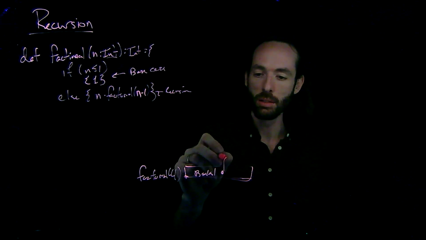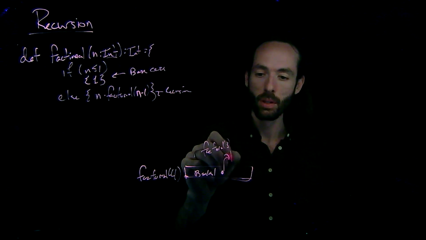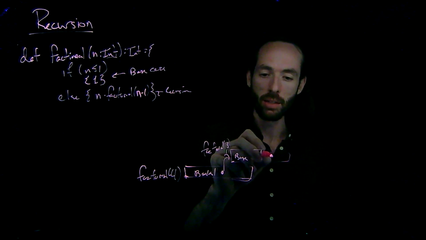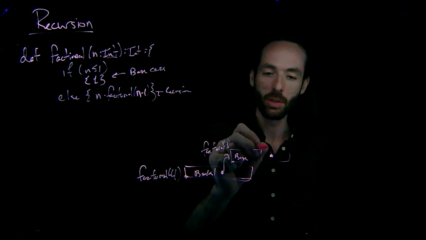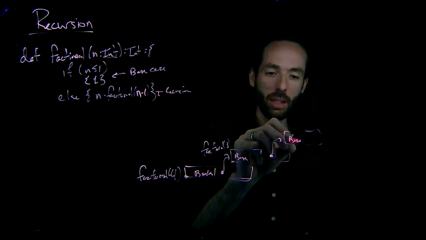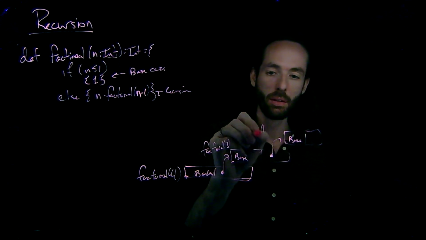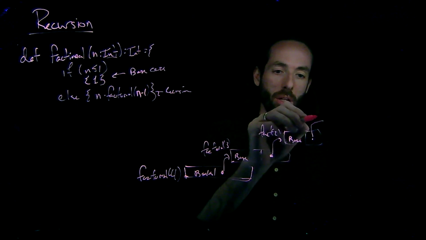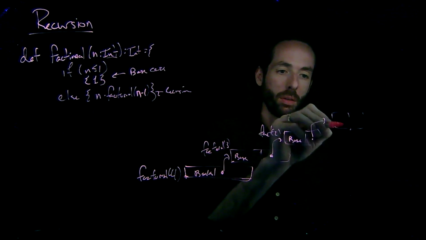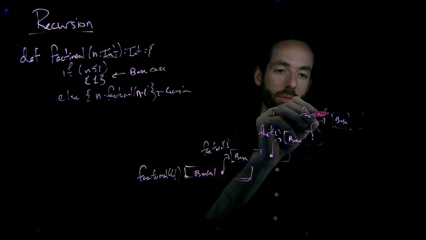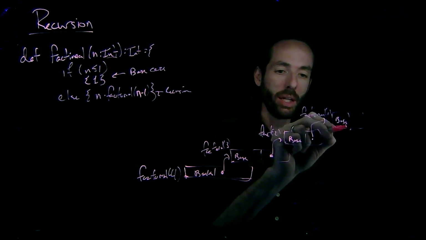And so it needs to call factorial of 3, which likewise runs through the base case calculations, and then it comes across the subcall to factorial 2. The base case, and then the call to factorial of 1, which finally hits the base case, and then returns 1, right?